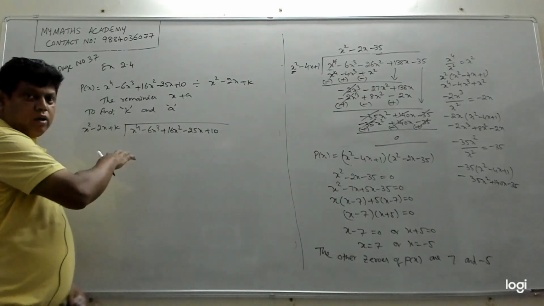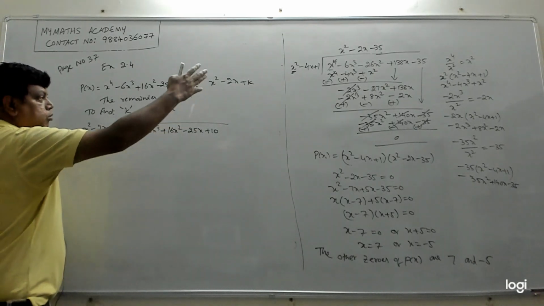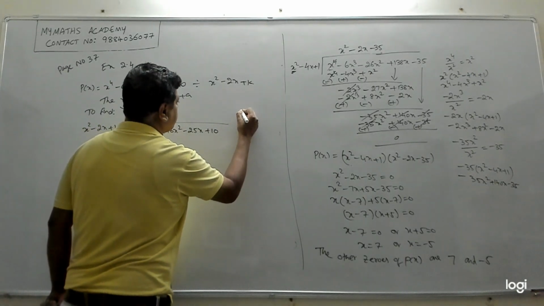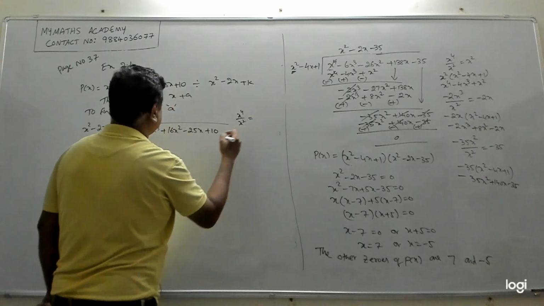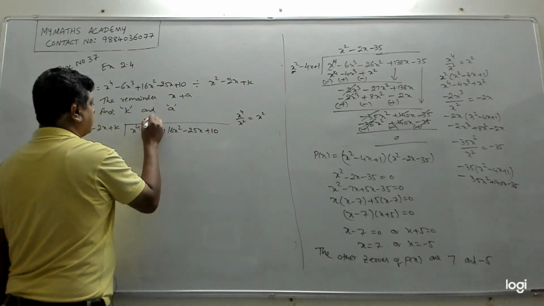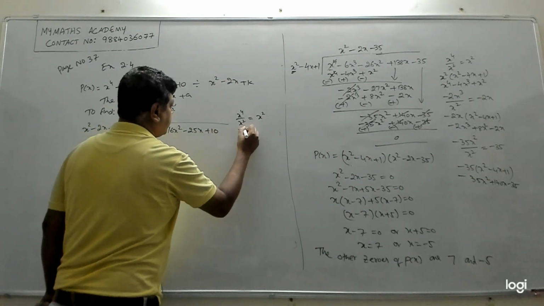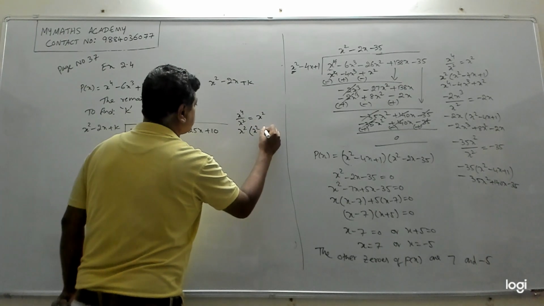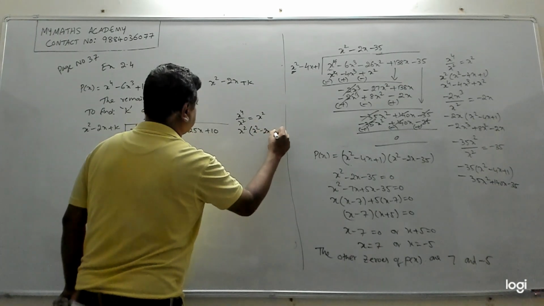We'll try to do the polynomial division, the way we generally do. Right? So we'll take the first term of this, first term of this, and divide x power 4 by x square. X power 4 by x square is x square. So put x square. Then x square into this: x square minus 2x plus k.